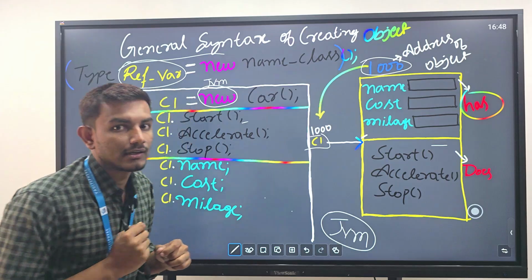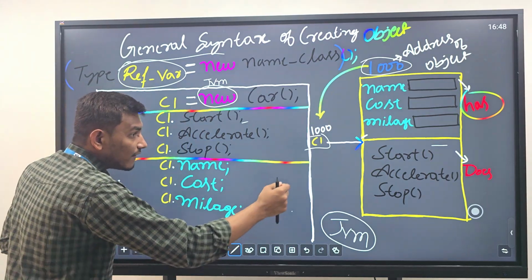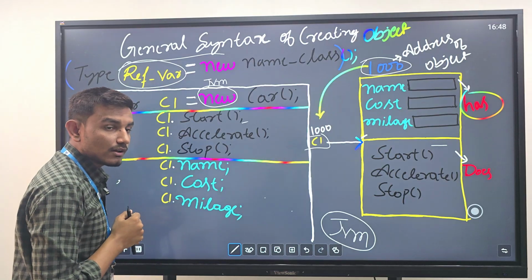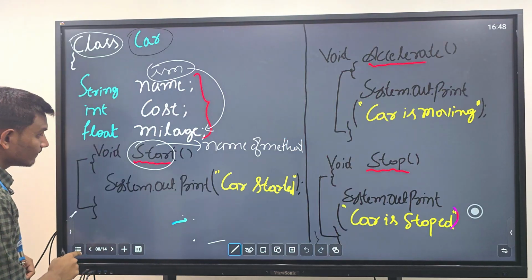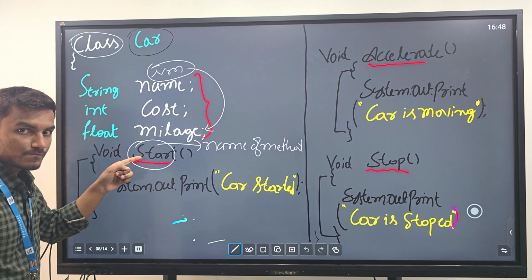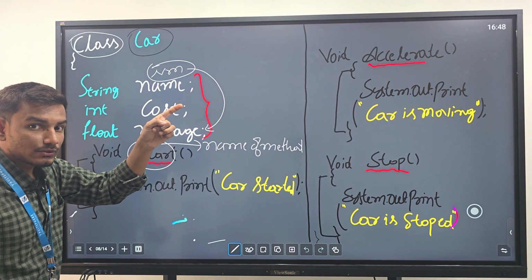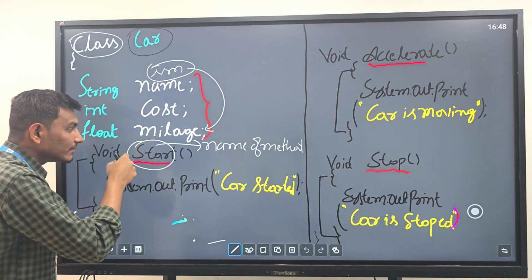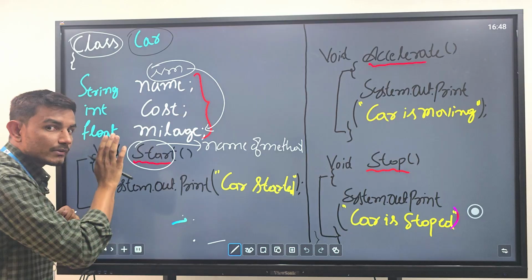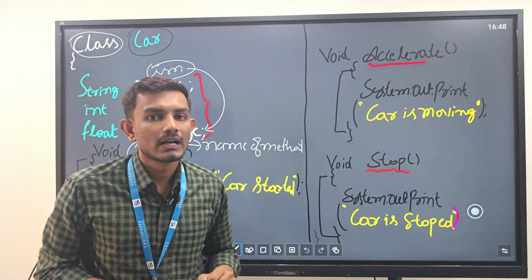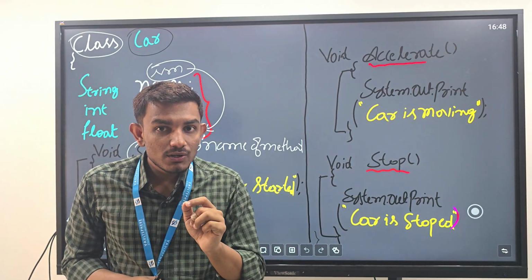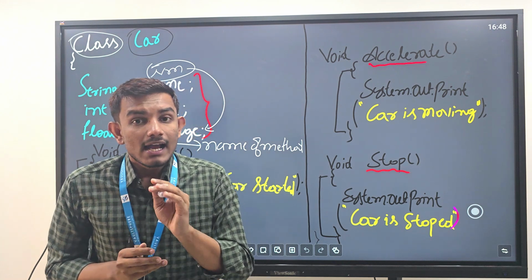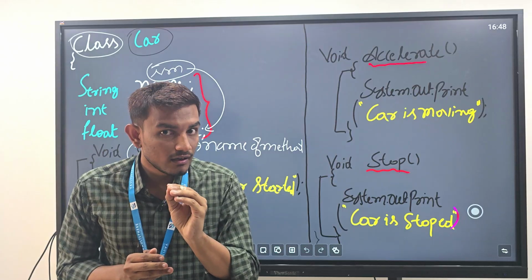Now, please try to understand. If I want to call the start method, what do you mean by method? This is my start method. That is my accelerate, another method. That is my stop, another method. I had created the methods by specifying the name of the method. Remember one thing: creating the method is not enough.